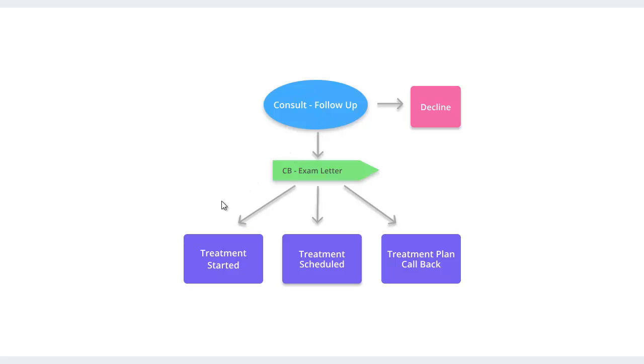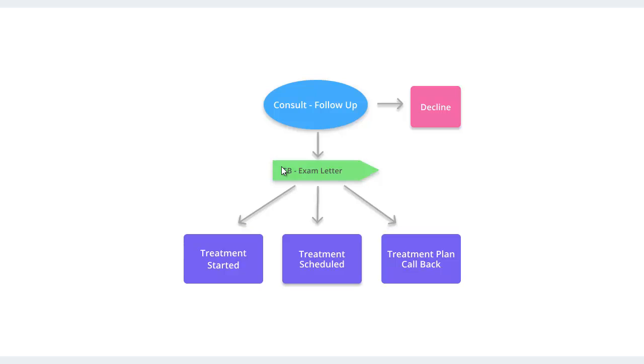So if a patient goes into any of these buckets, we can assume that there's been a treatment plan generated. They've got a treatment plan, and if they have a treatment plan, they've had an exam. So if they've had an exam, they need to get an exam letter generated and sent back to the referring doctor.